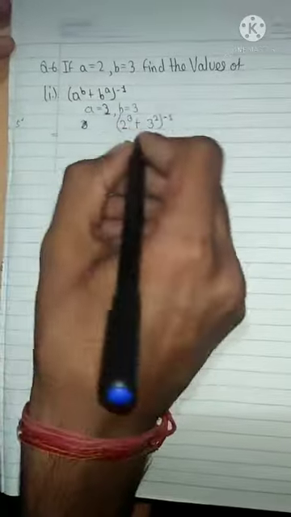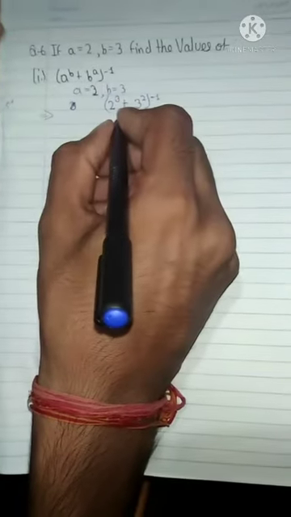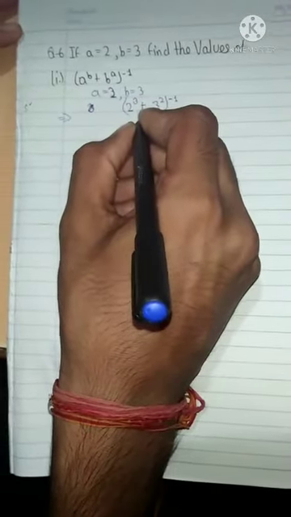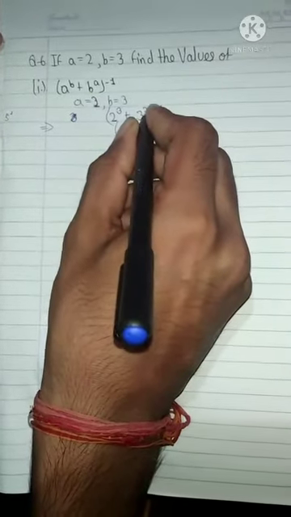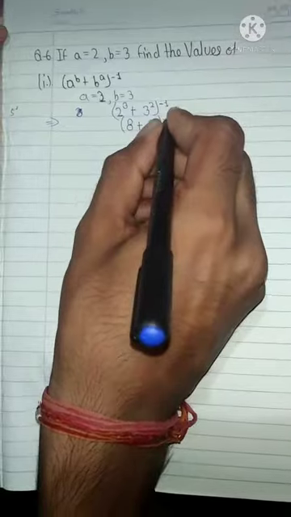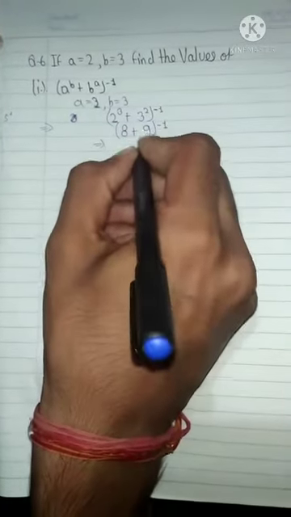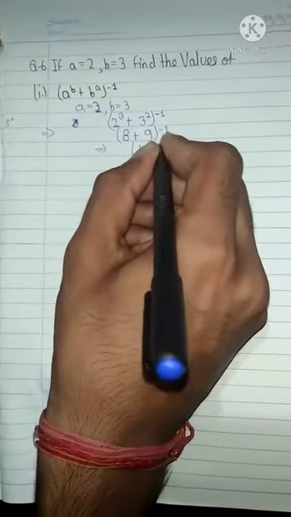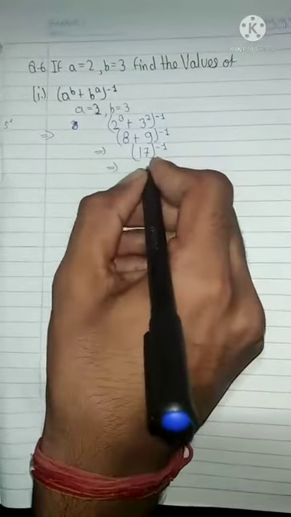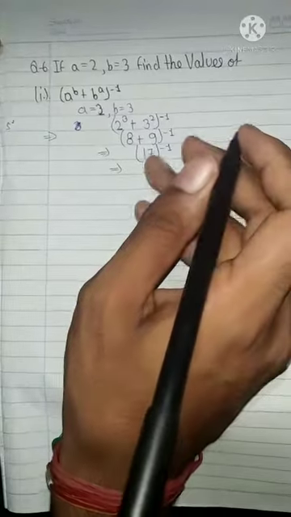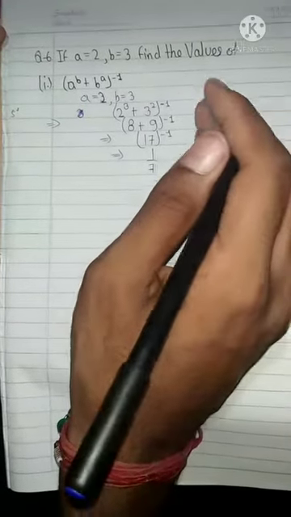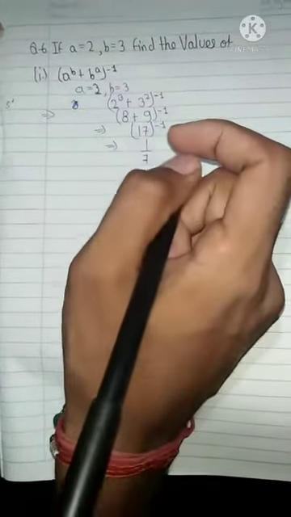Then solve it: it becomes 2^3, which is 8, plus 3^2, which is 9, to the power minus 1. It becomes 17^-1, which equals 1 upon 17. When the exponent is negative, we change the numerator and denominator.